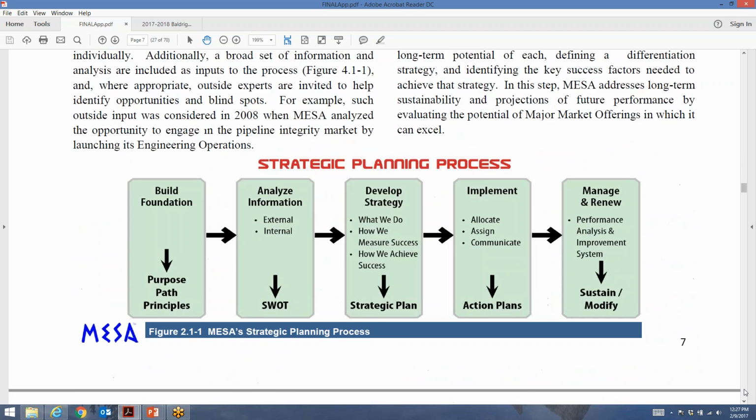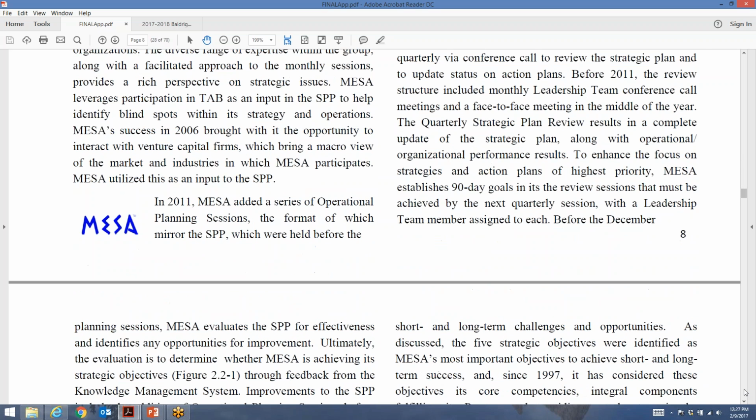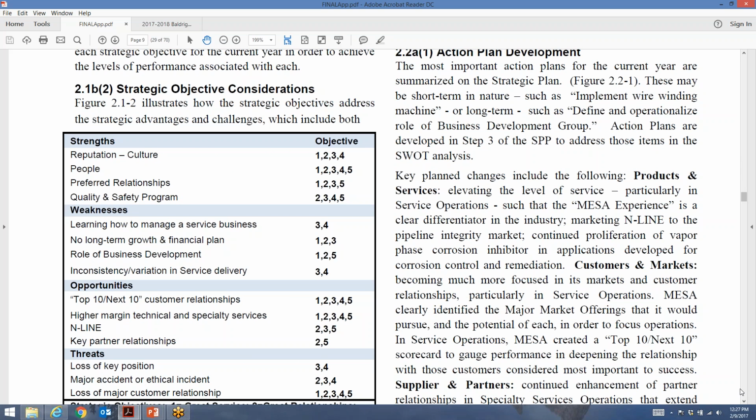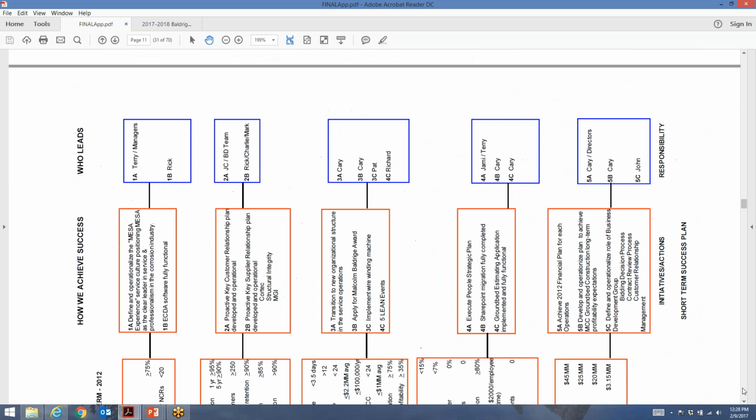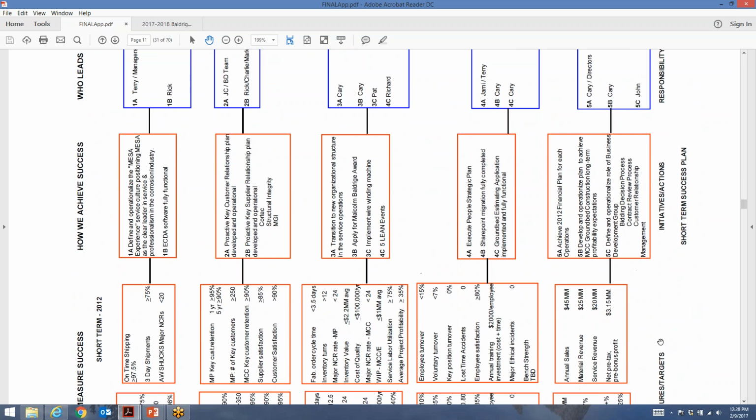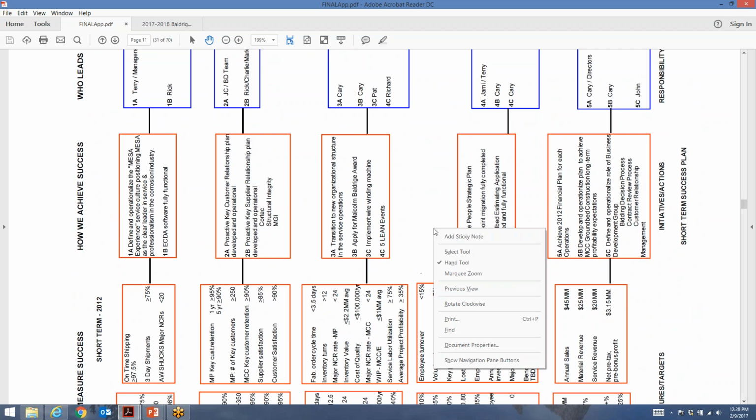Moving right along. The other table in category 2, probably 2.2, is strategic objectives. Sometimes I see folks leave this out, and I think that's a big mistake. If you've got a strategic plan, and from that you've got strategic objectives, I'd probably put that in a table.